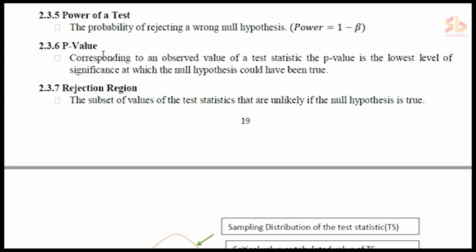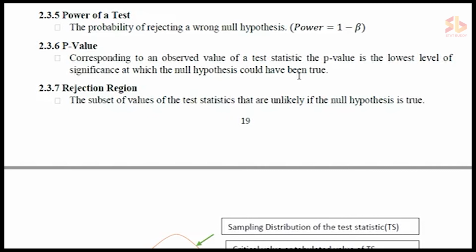Now, p-value. Corresponding to an observed value of a test statistic, the p-value is the lowest level of significance at which the null hypothesis could have been rejected, which means in the process we have to calculate a value of a test statistic using the distribution, and that is the cutoff value which helps us to take the decision.